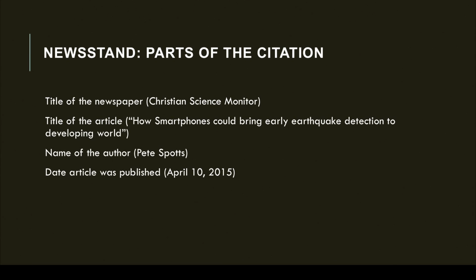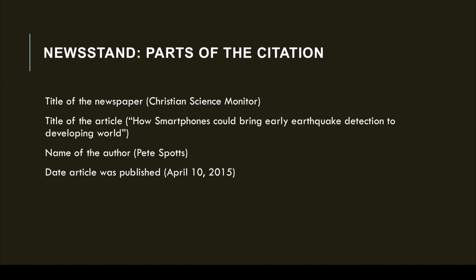For example, this article is from the Christian Science Monitor, which is not a religious newspaper, but a mostly secular international news organization. If the audience can also benefit from learning additional information about the author, include that as well. For example, I Googled Pete Spots and learned that he's a science reporter.